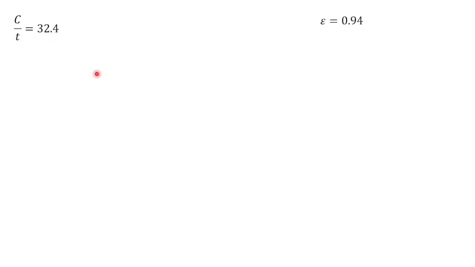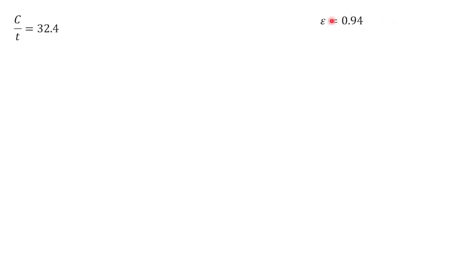Then epsilon. Epsilon is equal to 0.94. How did I get it? In the previous video I explained all about this epsilon and how to calculate it. If you didn't know how to get this, please watch video 2. I will put the links of the videos in the description area. There I explain about this epsilon and how to get it.